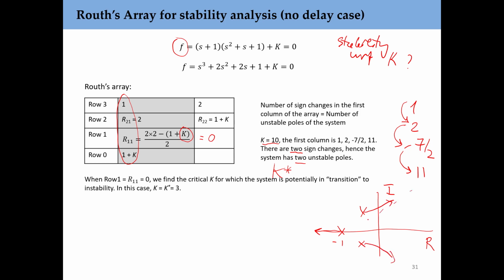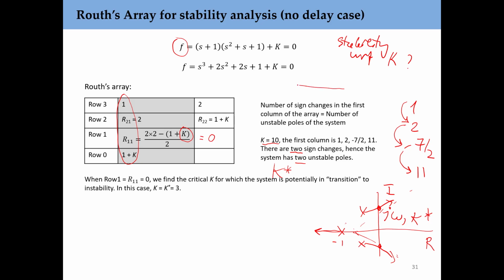And then there are some asymptotes, right? We know there are going to be poles on the imaginary axis at j omega for some k value, and that k value is actually k star. At the k star value, we have a j omega value, and that will indicate an instability initiation. And the k star is the separator value.